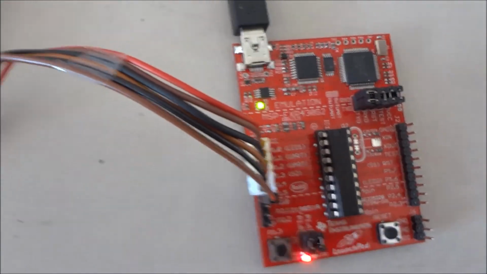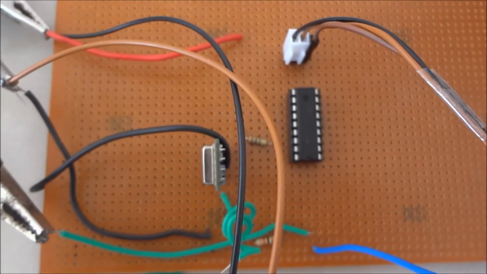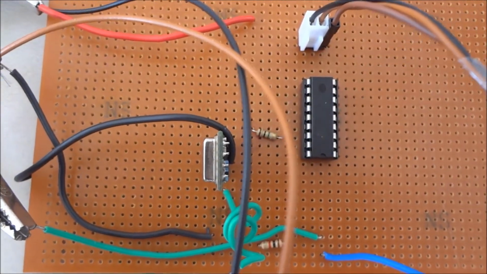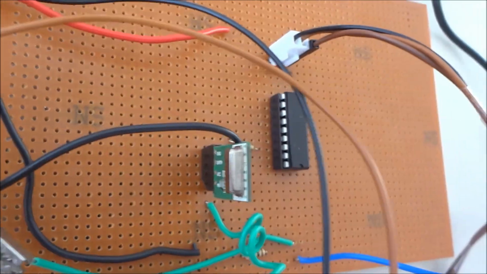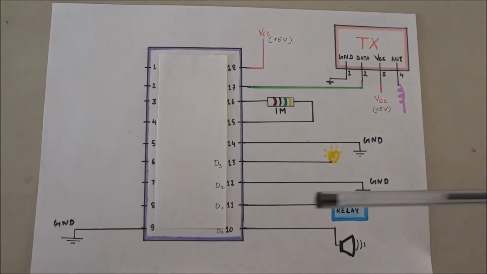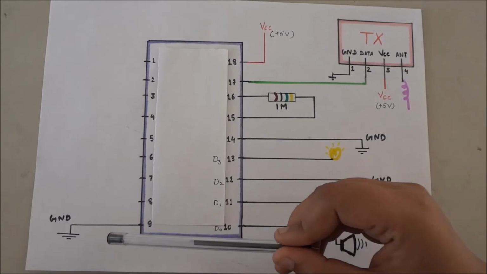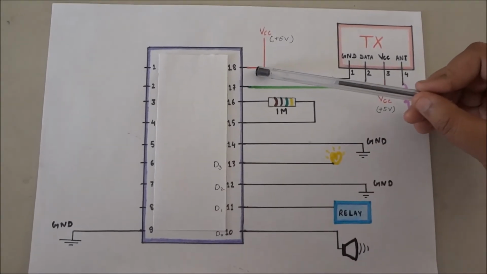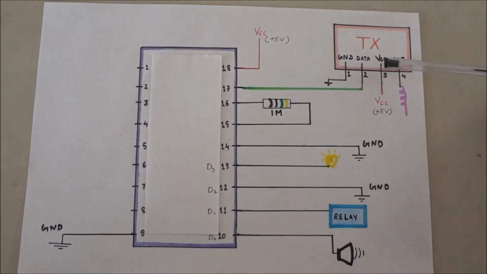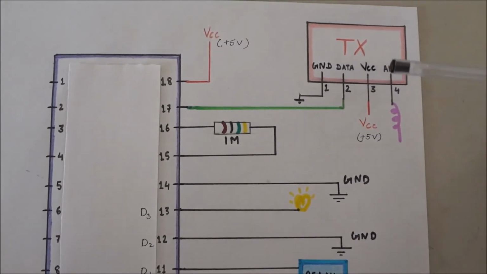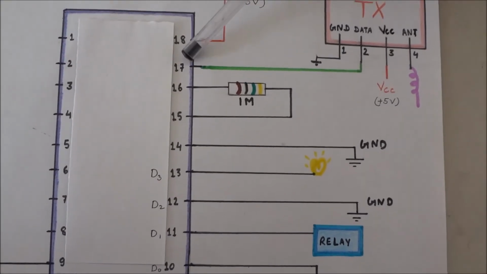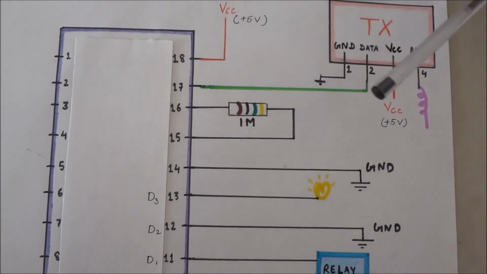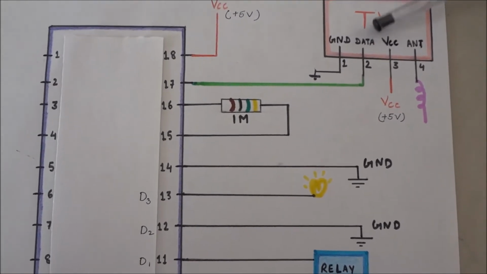Describing the transmitter circuit. The transmitter circuit consists of an encoder IC and a transmitter. The transmitter and encoder IC connections are as follows. The 9th pin of the IC is grounded. The 18th pin of the encoder IC and the 3rd pin of the transmitter module are connected to VCC. The 17th pin of the encoder IC is given to the data pin of the transmitter module.